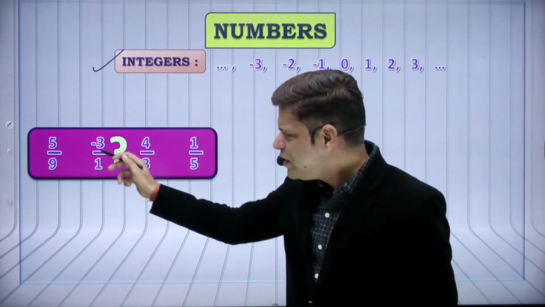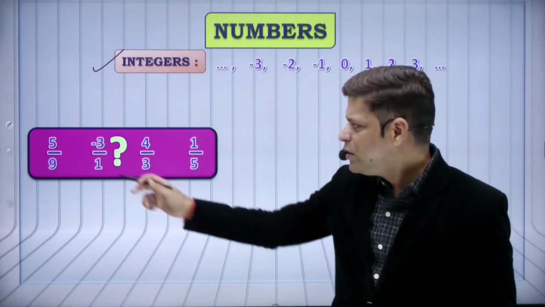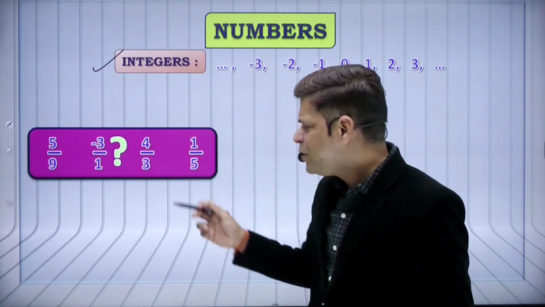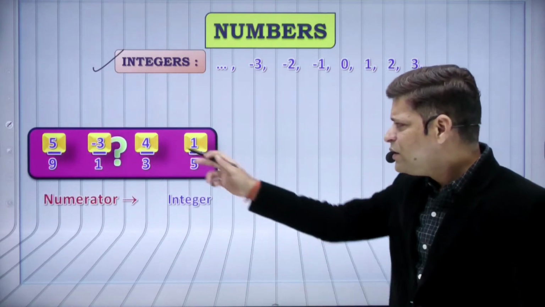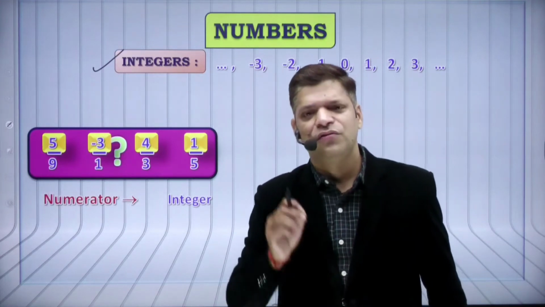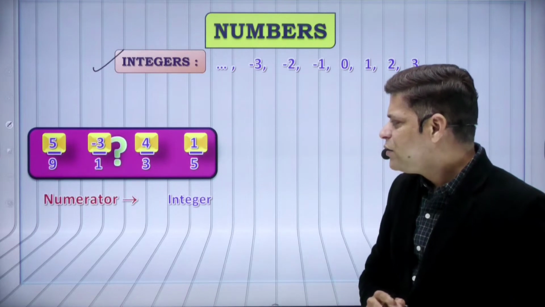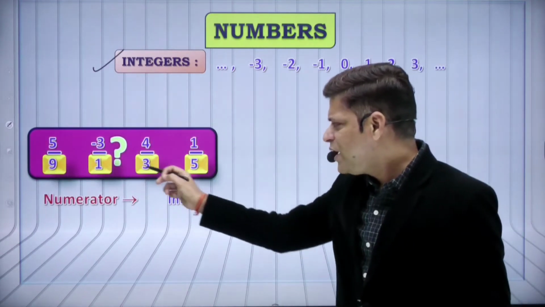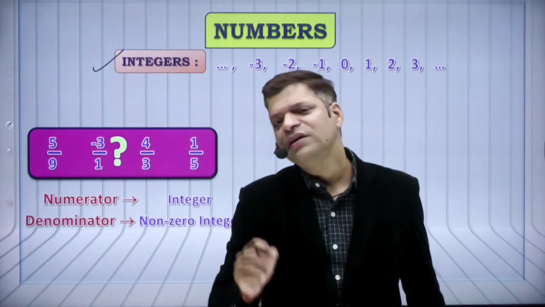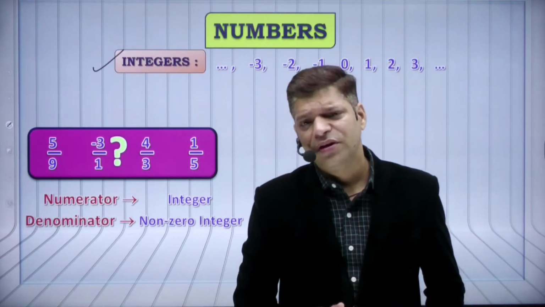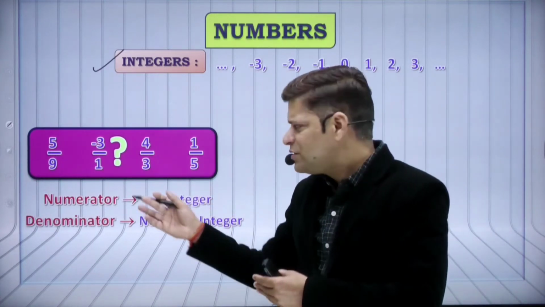We can see that these are in fractional form, and in fractional form we have a numerator and a denominator. The numerators are integers, and the denominators are non-zero integers.